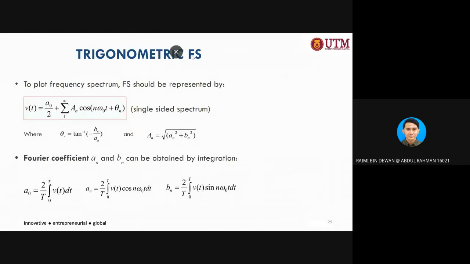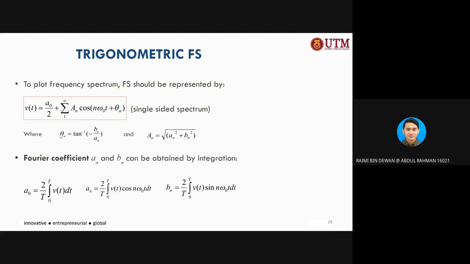To plot the frequency spectrum, the trigonometric Fourier series should be represented by this: v(t) equals the summation from n equals 1. If you see, this started from 1, not from negative infinity. So it is a single-sided spectrum.